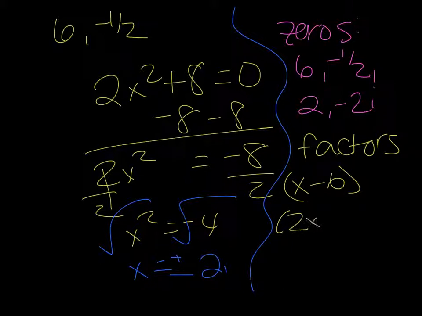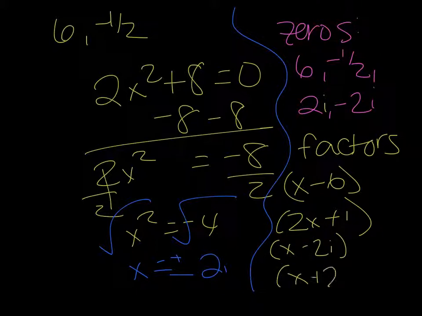So 2x plus 1, and then, oops, this should have an i. x minus 2i, x plus 2i. So depending on whether I ask for your factors, your real zeros are, oops, these two. If I ask you for all of the zeros, you give me all of them. If I ask for factors, you give me all of those ones that I've listed here.